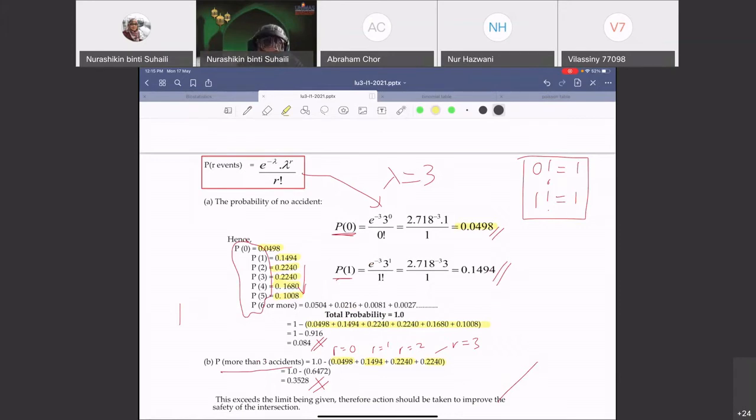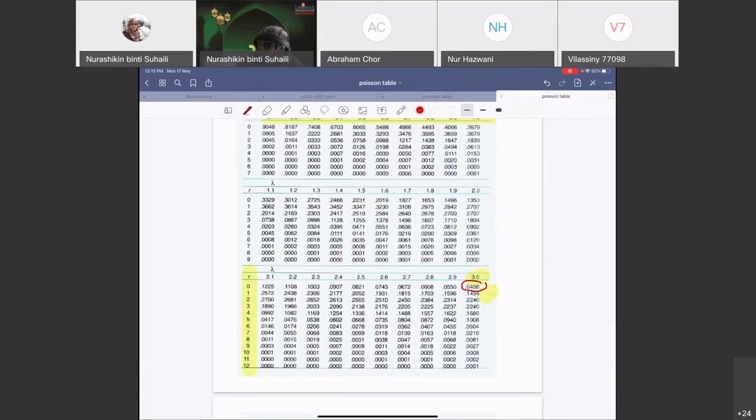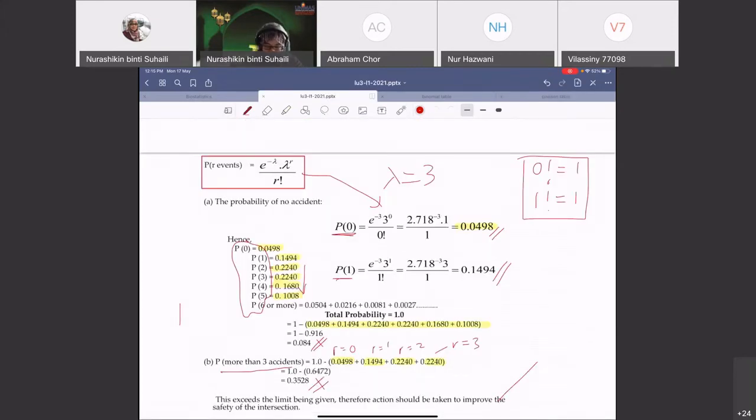Okay, so r equal to 1. If you refer back to the table, this is the value, 0.1494. It's hard without a pencil, I have to use my finger. This one, you can see 0.1494. It's the same as how you calculated it, and so on.